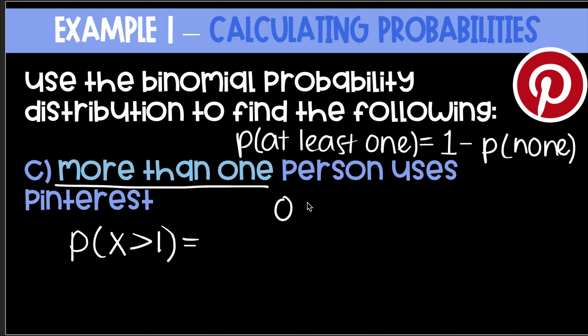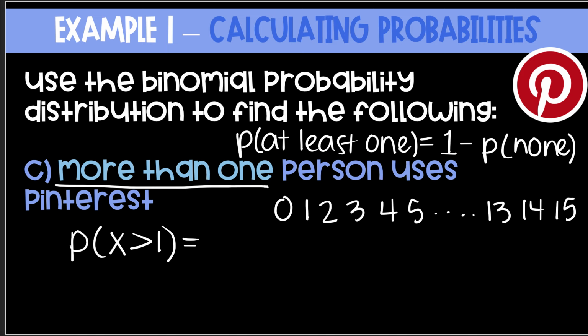We have 0 users, 1 user, 2 users, 3 users. We have all of these probabilities. When I pick out 15 people at random from the population for this survey, I could get 0 users, 1 user, 2 users, 3 users, 4 users, 5 users, all the way to 13, 14, 15 users, right?